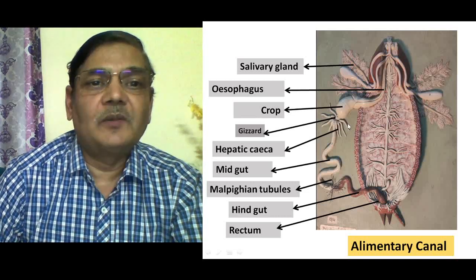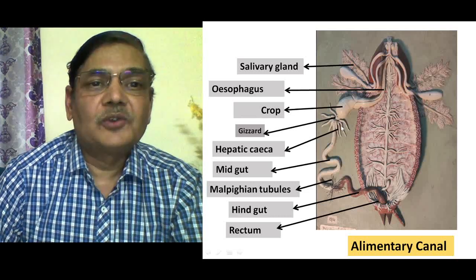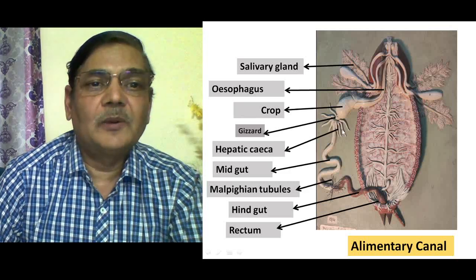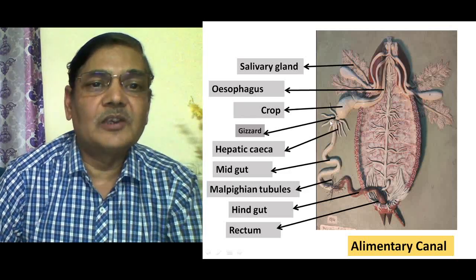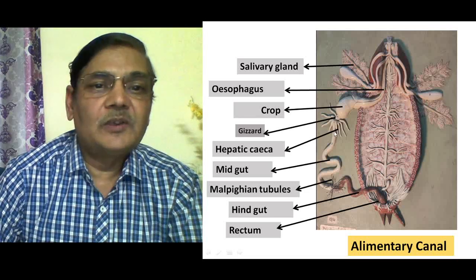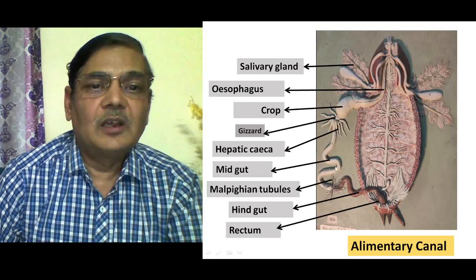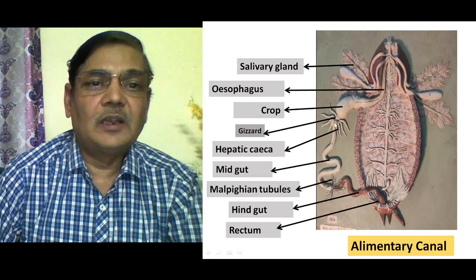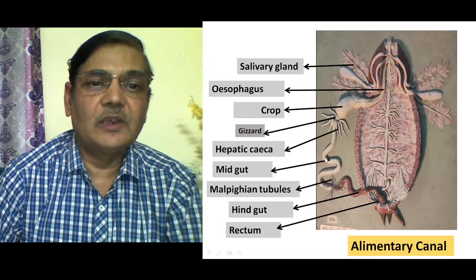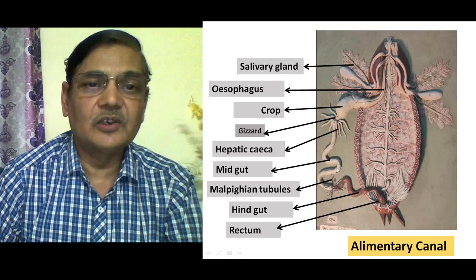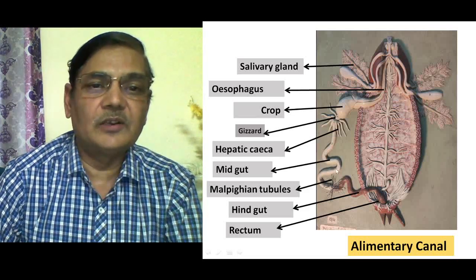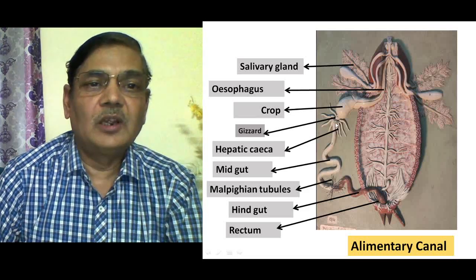A single one will be referred to as hepatic cecum. So these are 6 to 8 in number, and they are also a source of digestive enzymes. Likewise, in case of midgut, the internal lining of midgut is secretory in nature, that also secretes a number of enzymes which help the digestion of carbohydrate, lipid, protein, nucleic acid.